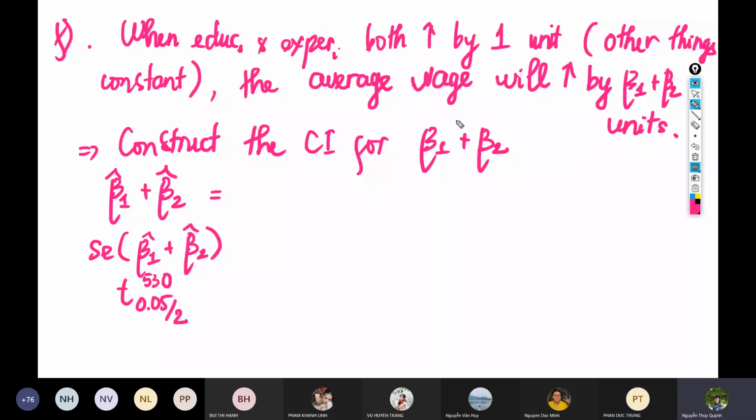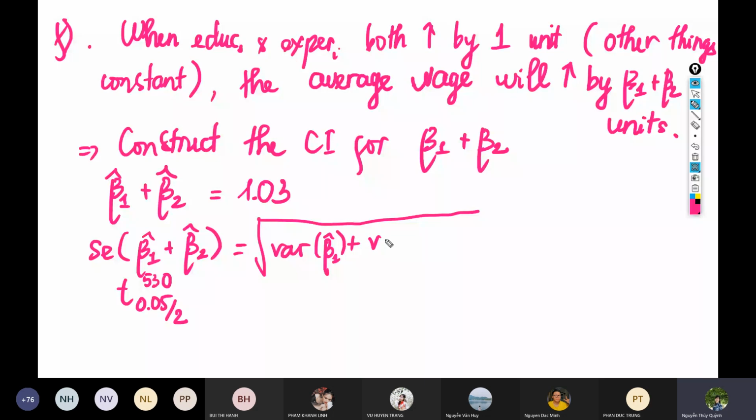Yeah, 1.03. Now, the standard error of beta 1 hat plus beta 2 hat is equal to the square root of the variance of beta 1 hat plus the variance of beta 2 hat, and because here we have a plus sign, plus 2 times the covariance of beta 1 hat and beta 2 hat.